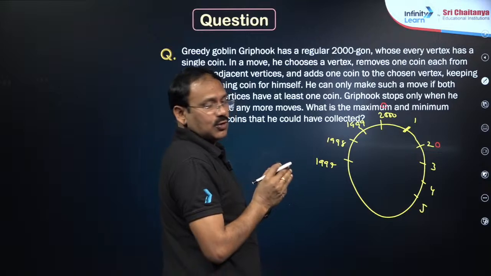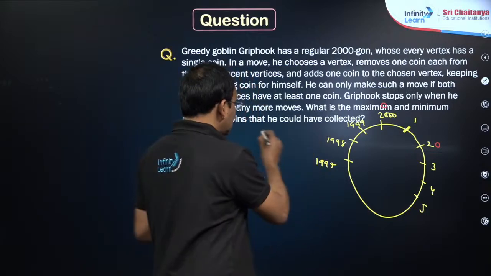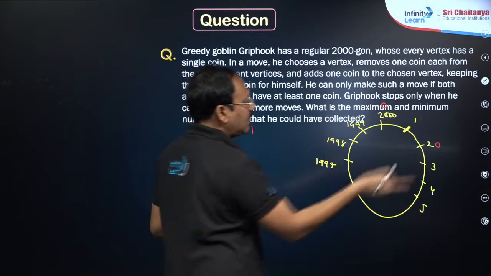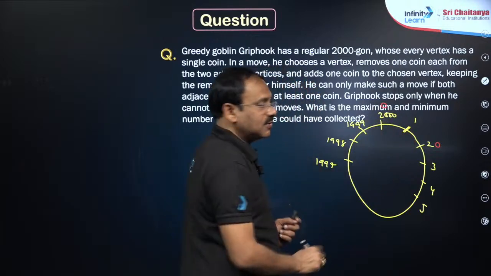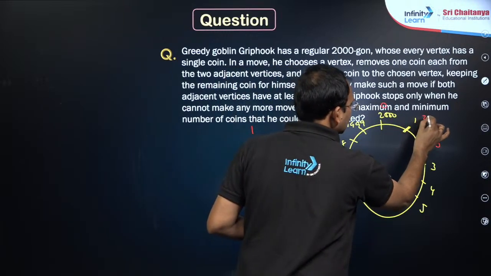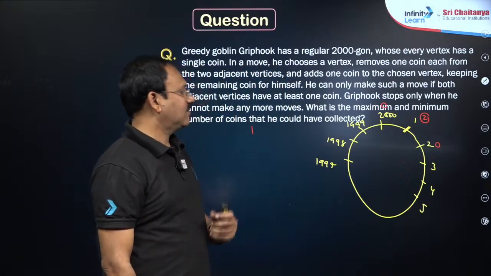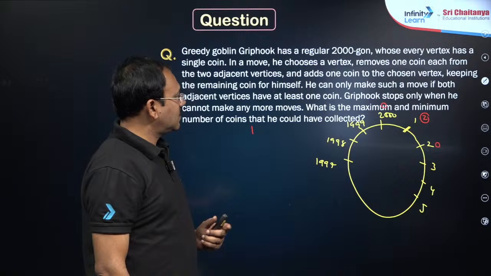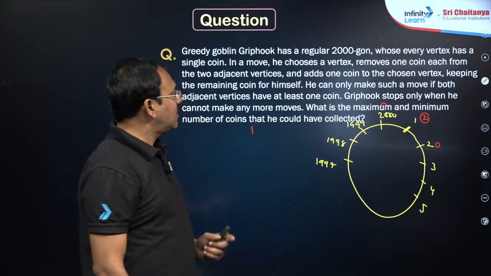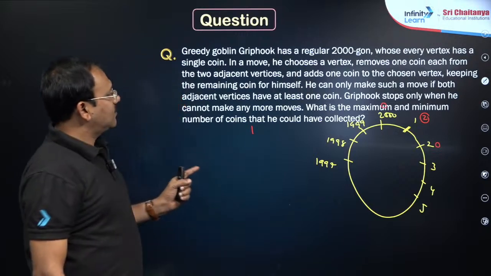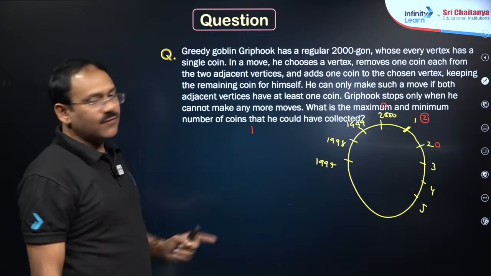He collected 2 now. He retains 1 with him and he gives 1 to this fellow. So this fellow will be having 2 here. Now dear students, I think you got my point. You see, once again, I start with 1.